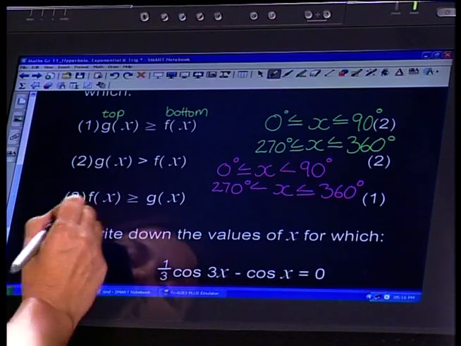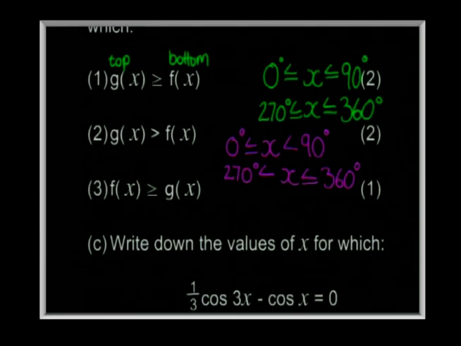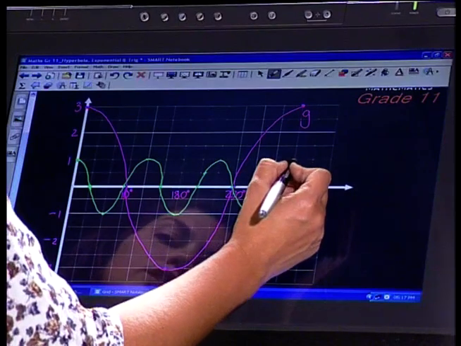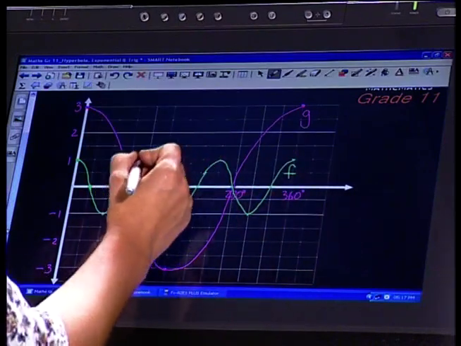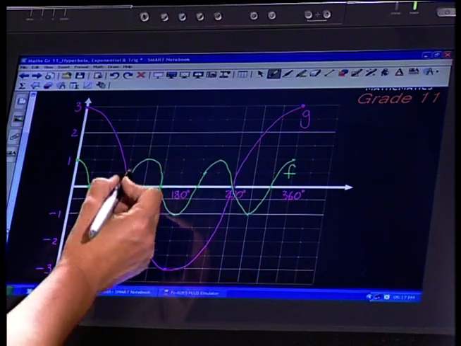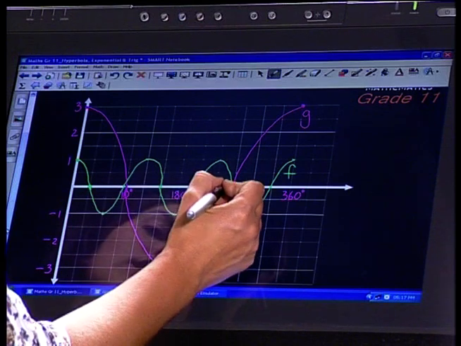The last of these sets of questions asks for where f of x is greater than or equal to g of x. Let's look at the functions. F of x was the green one, and it means where f of x is on top of g of x. And we can see that that happens between 90 and 270.